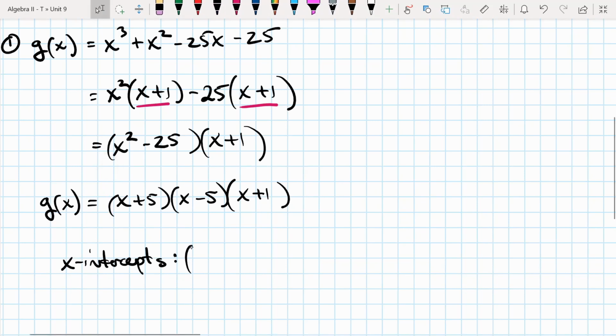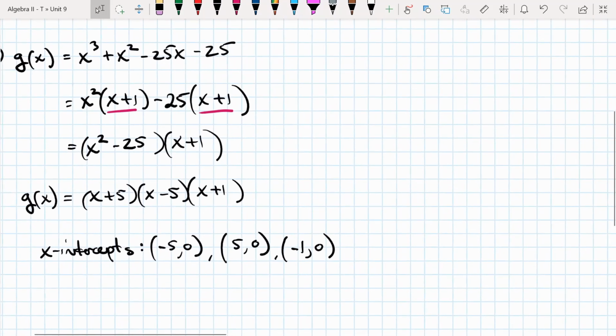The first one, as a coordinate point, is negative 5 comma 0. That comes from this term. The second one is 5 comma 0. That comes from this term. If we plug 5 into the middle term, it becomes 0, which makes the entire function become 0. And then the last one is going to be negative 1 comma 0. So those are the 3 x-intercepts.